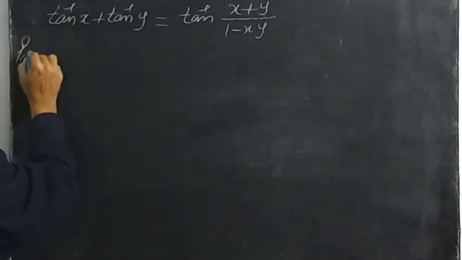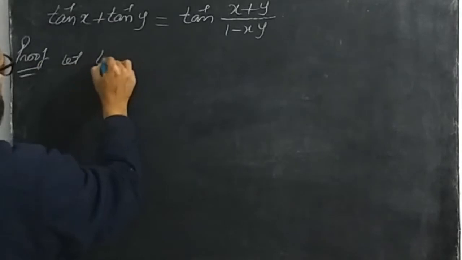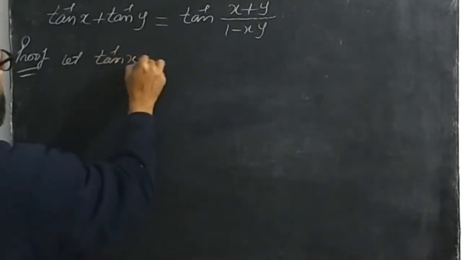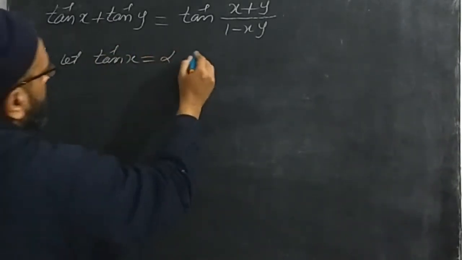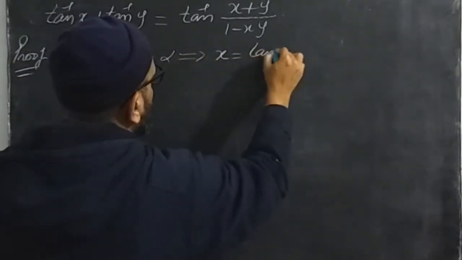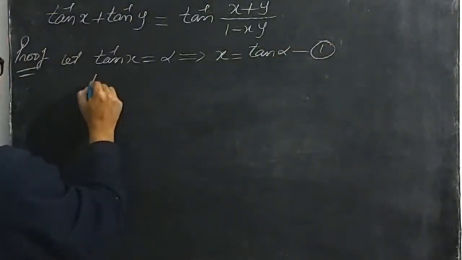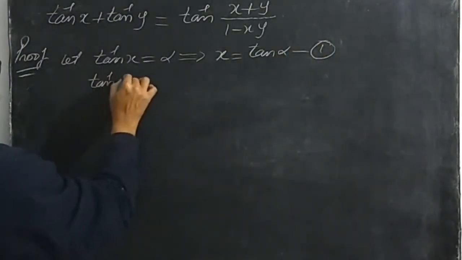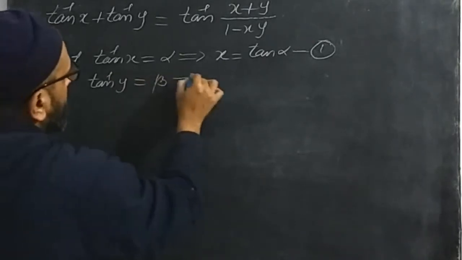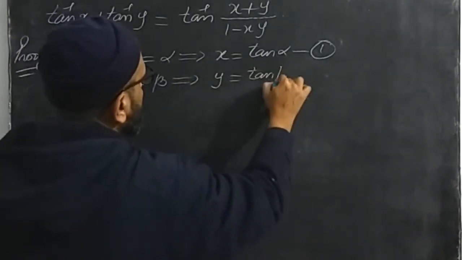So proof: let tan inverse x is equal to alpha implies that x is equal to tan alpha, let it be equation number 1, and tan inverse y is equal to beta implies that y is equal to tan beta.